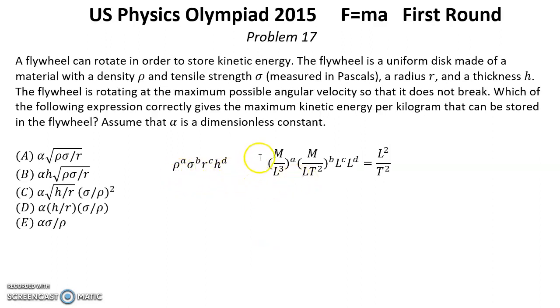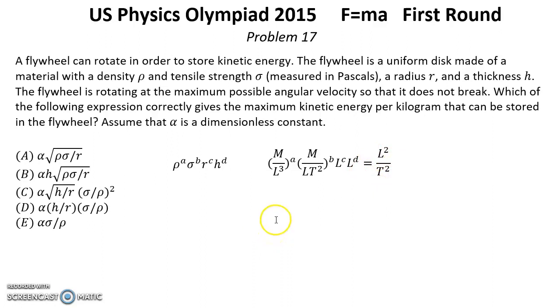Dimension for ρ is mass over L cube. Dimension for tensile strength, that's pressure, that's mass per length per time square. And for R and H, dimension is L. And the result must be L square over T square.